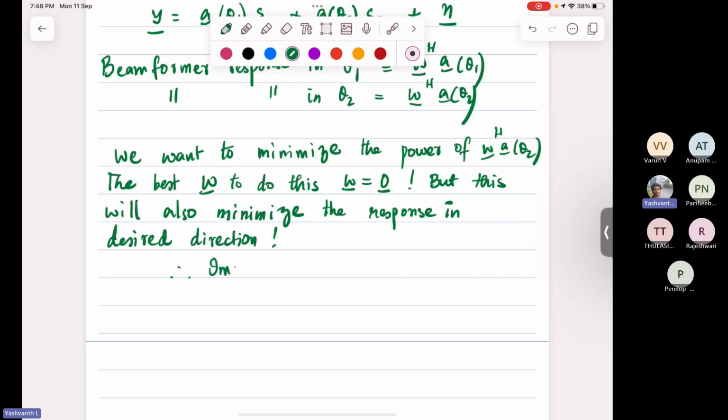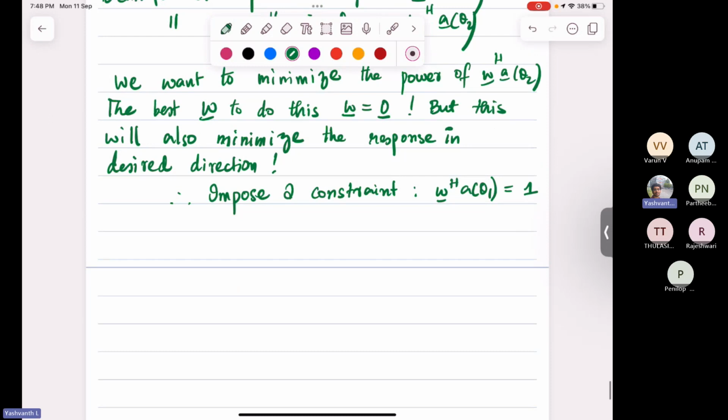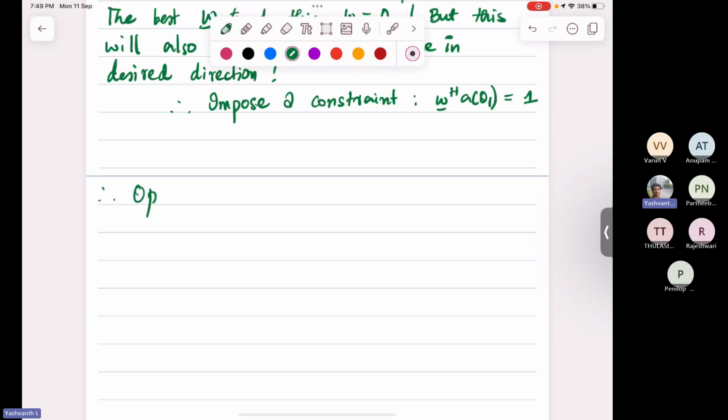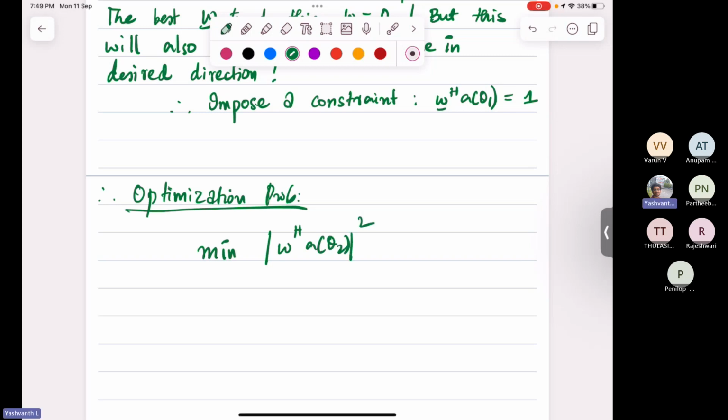Therefore, impose a constraint in the desired direction: W Hermitian A of theta 1 equal to 1, maybe just a number. Therefore, the optimization problem is to minimize the function |W Hermitian A of theta 2|^2.